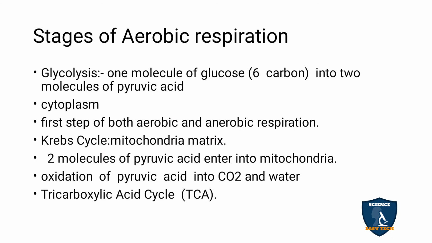So the stages of aerobic respiration: normally they have given 4, but in your book they have given 3 stages: glycolysis, Krebs cycle, and ETC, that is electron transport chain. First, glycolysis means one molecule of glucose is converted into 2 molecules of pyruvic acid.